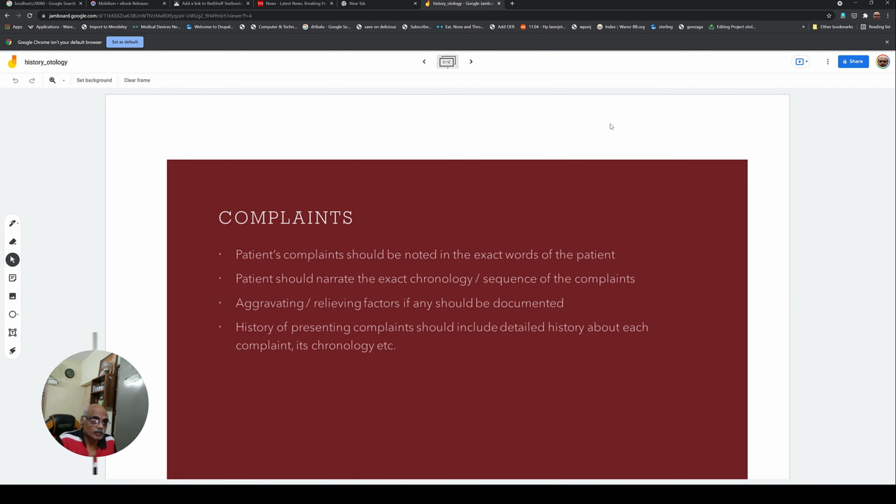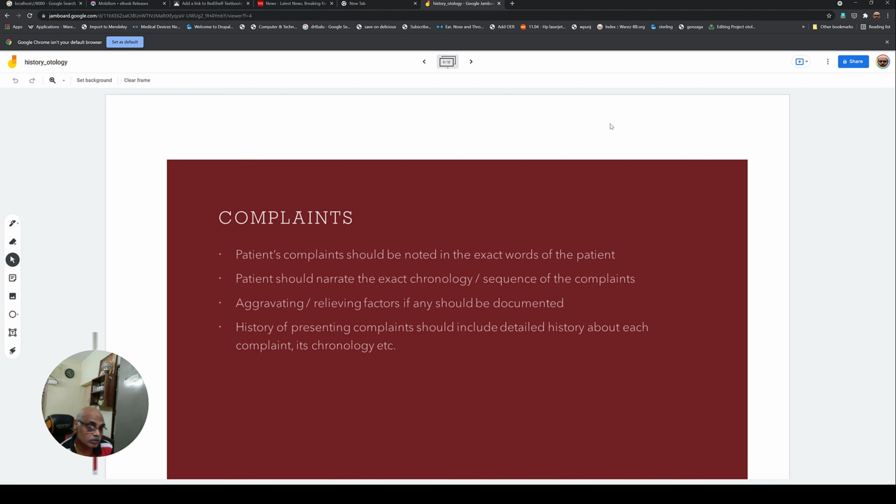And now, when the physician is attempting to document the complaints presented or narrated by the patient, the complaint should be documented in the exact words of the patient. This is very important. And then the patient again should be coaxed to narrate the exact chronology or sequence of these complaints.